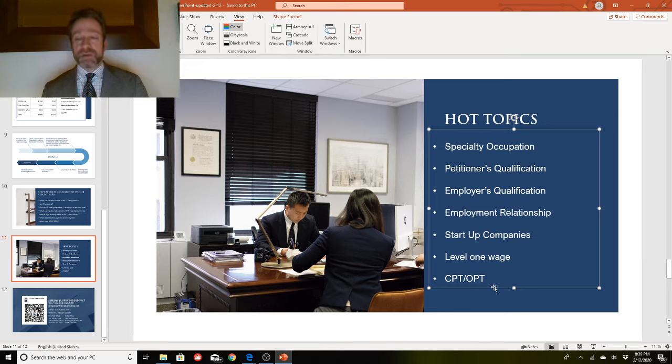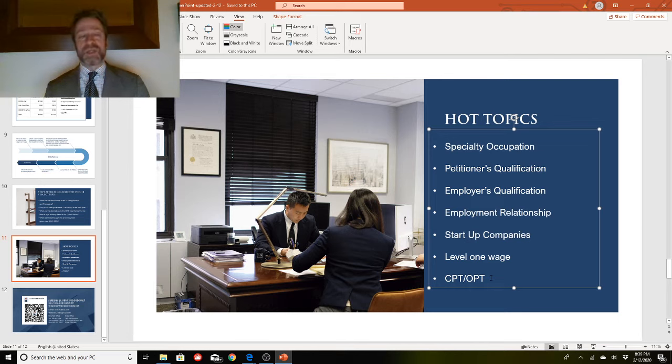Then, of course, there are other issues such as CPT and OPT. The Immigration Service is now scrutinizing whether or not the student has maintained their CPT and OPT employment. As you may know, normally a student with OPT cannot be unemployed for 90 days.